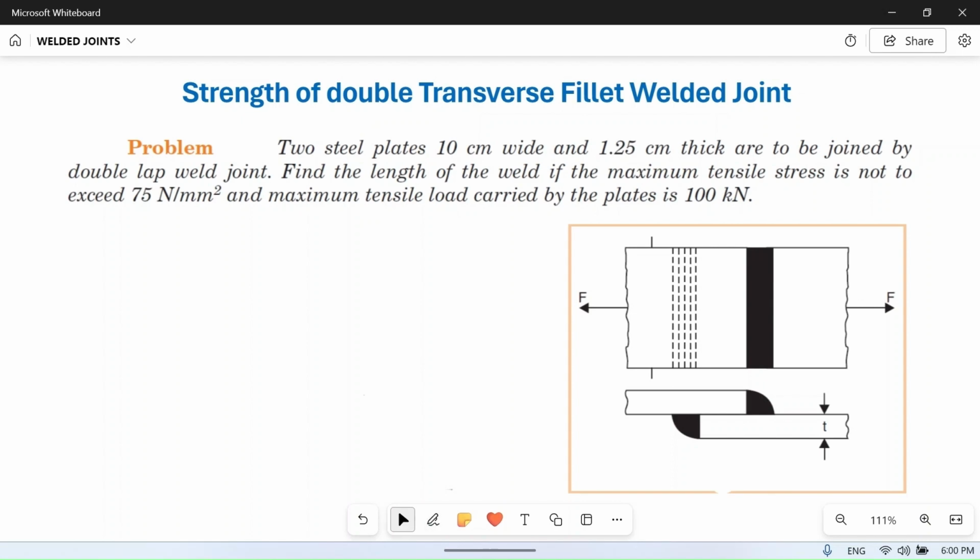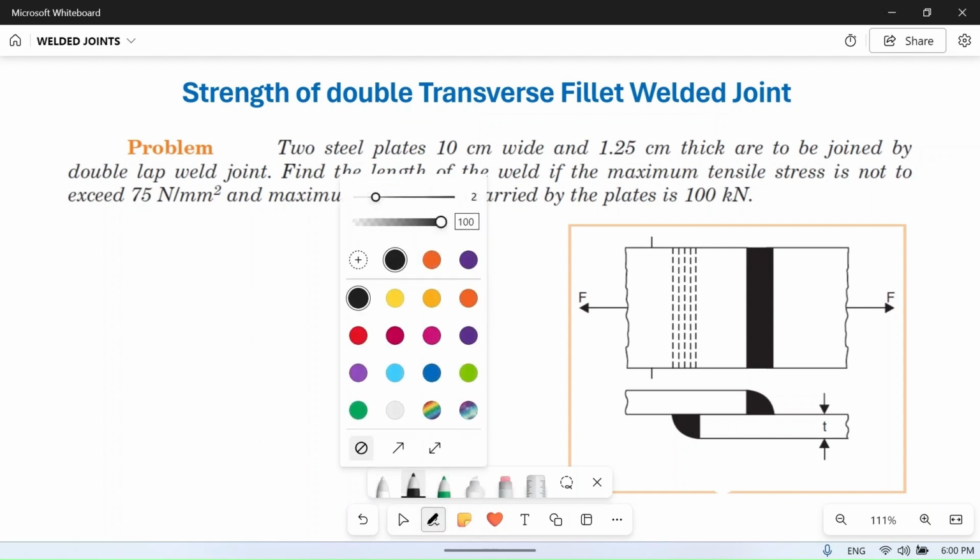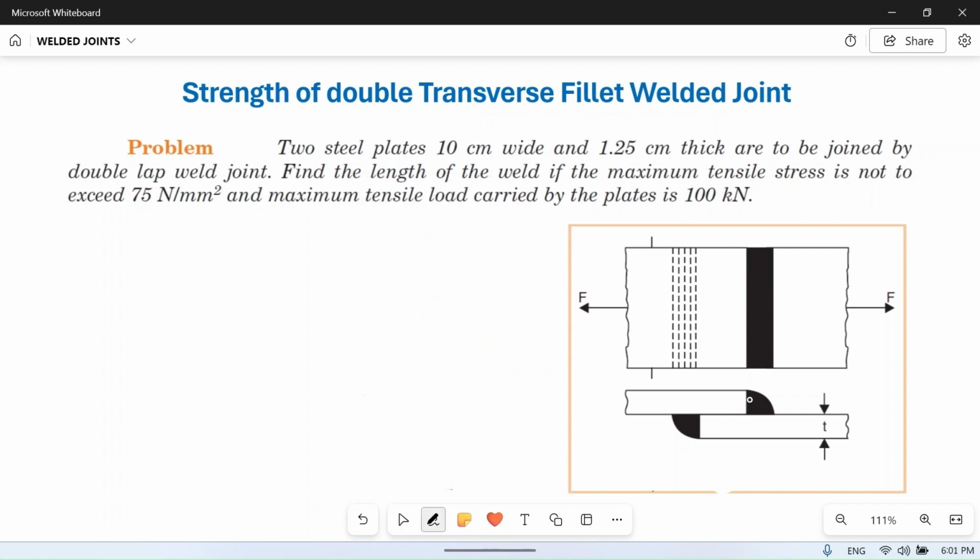And double means welding is done at two places, both the edges, here and here. If it were only one, it would be a single transverse weld, but it is at two places, so it is called double.